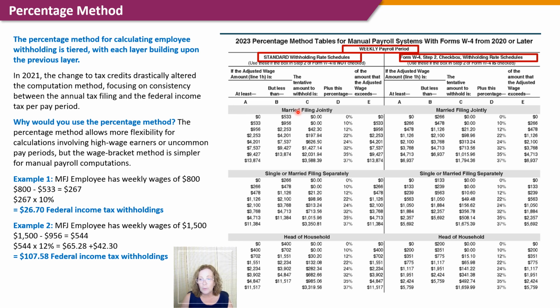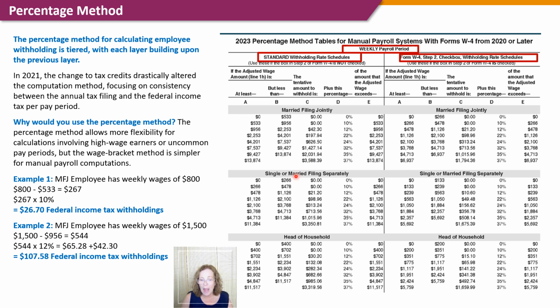Well, let's look at row 2. Here we see $533 to $956. The tentative amount is 0 because the first $533 does not result in any taxes, but there's a 10% income tax withholding on any amount over $533. So let's say that the wage is $800.